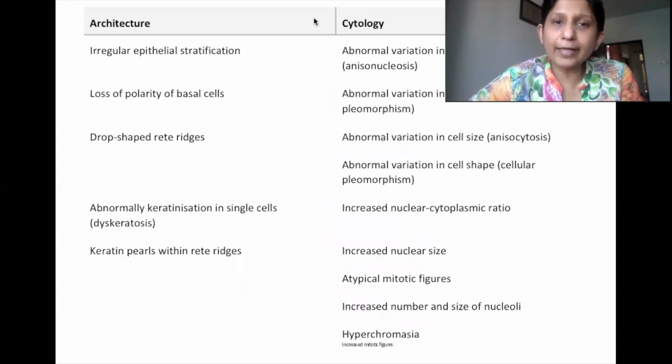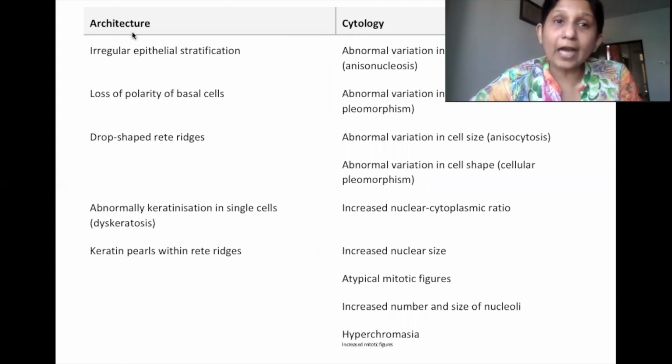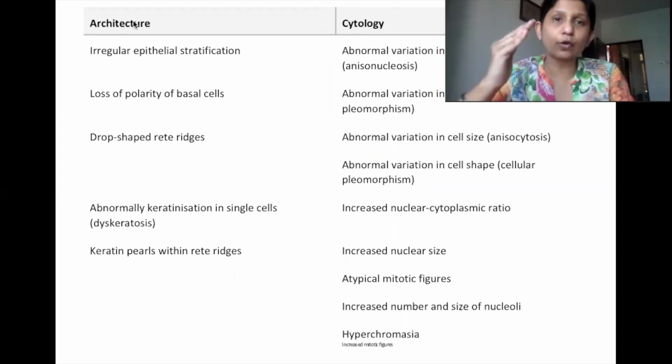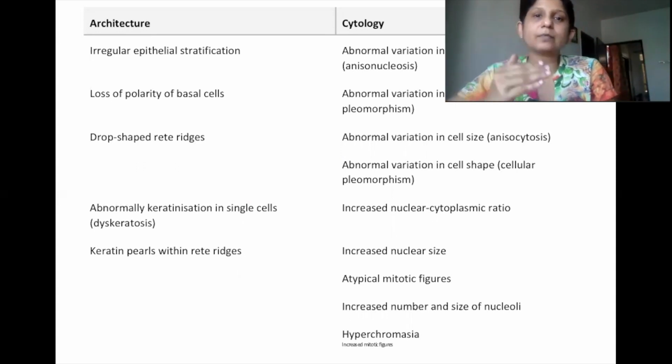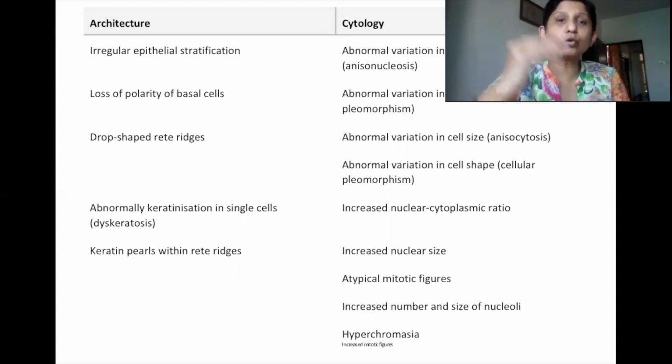Now, coming on to the dysplastic features, you can divide them into architectural features and cytological features. Cytological features pertain to one single cell, and architectural features pertain to the entire architecture of the tissue, that is from stratum basale to spinosum to granulosum to corneum.